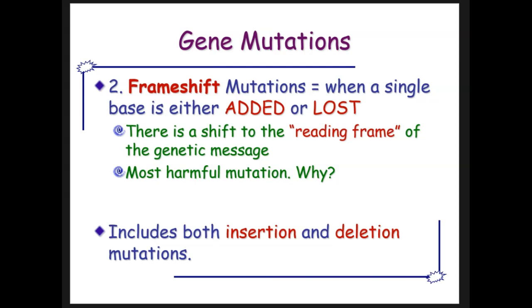When a nucleotide is added or removed from the DNA sequence, the sequence is shifted and every codon after the mutation is changed. That's why they are the most harmful mutation. This results in severe alterations to proteins that are encoded by the DNA, which can lead to a loss of functionality for those proteins.